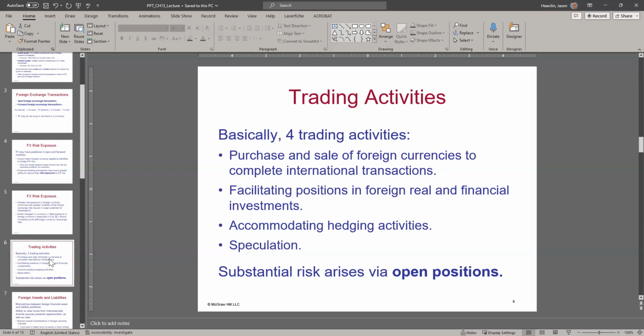Accommodating hedging activities. We're not going to go in too much depth in this course about how you can hedge in order to lower or prevent foreign exchange risk. But to give you a quick example, with a forward contract, we talked earlier about spot versus forward.